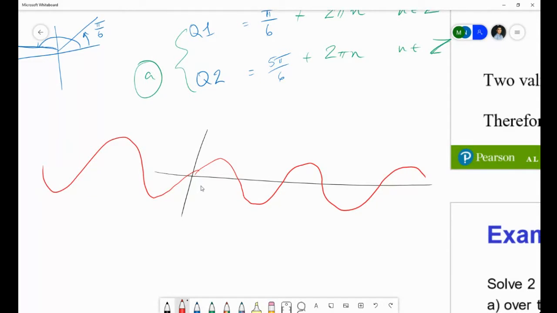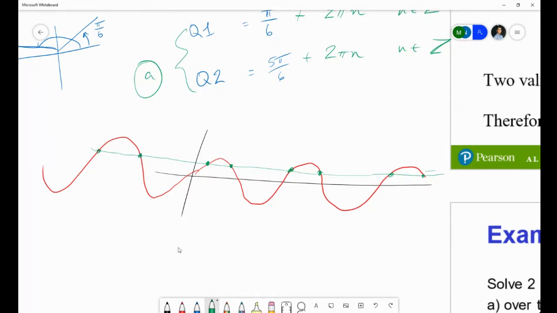Hopefully you can imagine a better graph than this. But if you look at 1/2, there are infinitely many times that the graph y equals 1/2 touches the graph of sine of x. So we're trying to determine all of these solutions here.